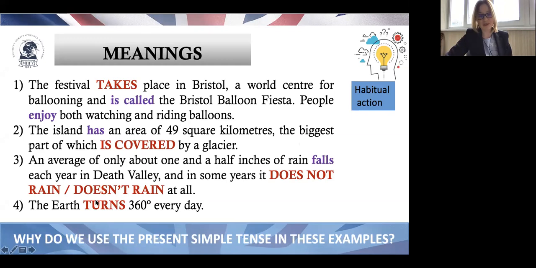The second example: the island has an area of 49 square kilometers, the biggest part of which is covered by a glacier. What do you think? What is that? A biggest part is covered, but the rest we do not know.